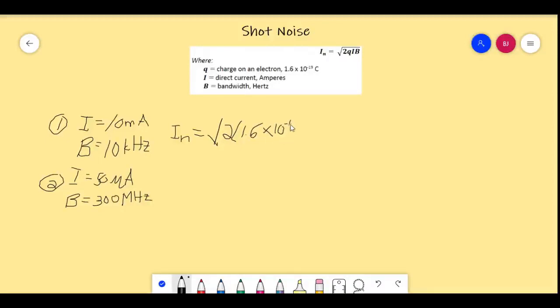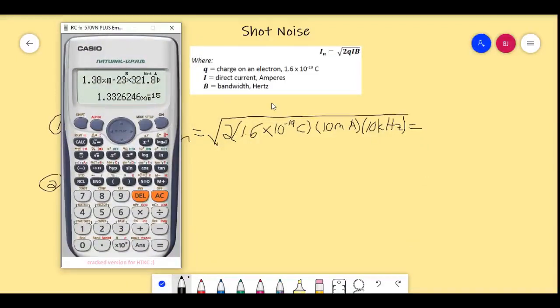Well, at least now you know of around 3 constants used here: Boltzmann's constant, the charge of an electron, and of course, the speed of light. The current, which is set at 10 milliamperes, and finally, the bandwidth of 10 kilohertz. Then we'll just get its square root.